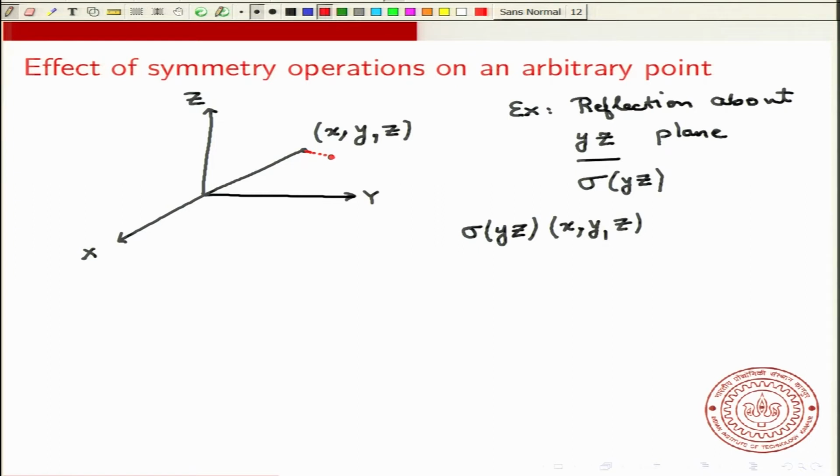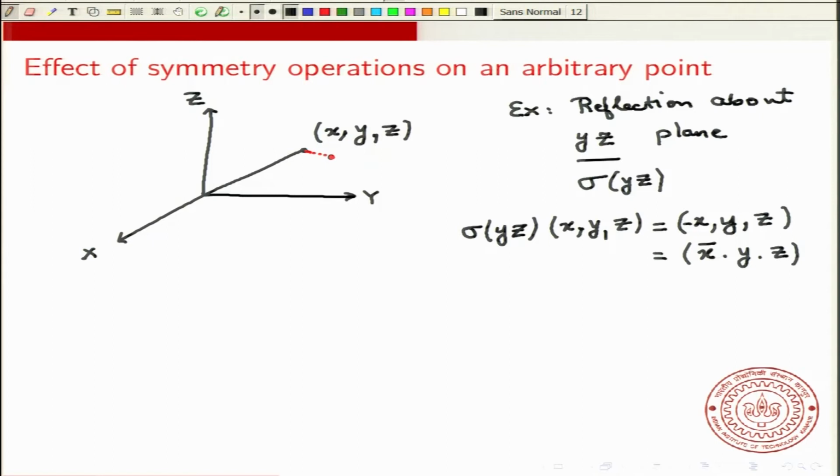If the original point is above the screen of paper, okay. And you can easily see that the new point, since you reflected about the y z plane, will have the same y z coordinates, but its x coordinate will be changed to minus x, but its y and z coordinates will remain unchanged, okay. Now sometimes, especially in crystallography, we represent this minus sign as an x with a bar, y, z.